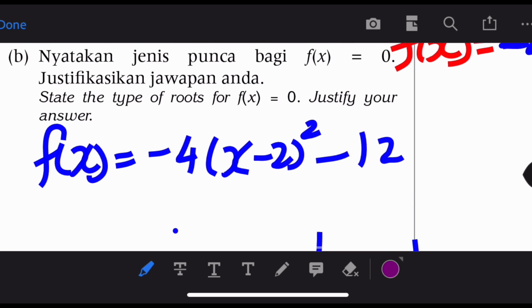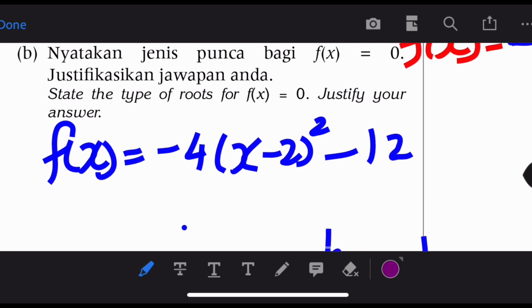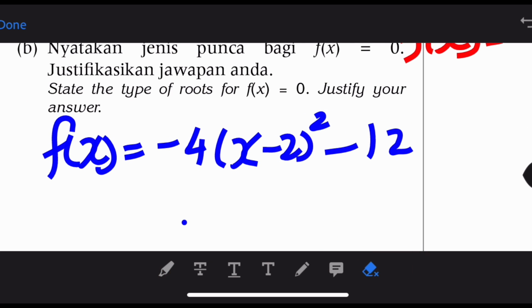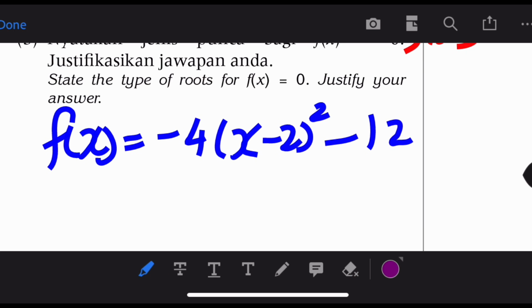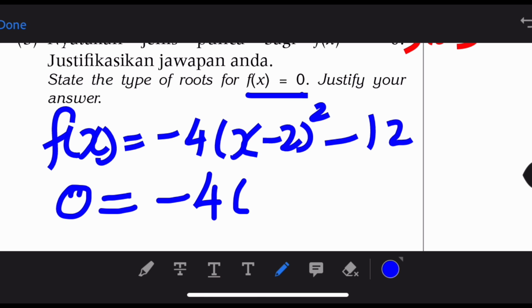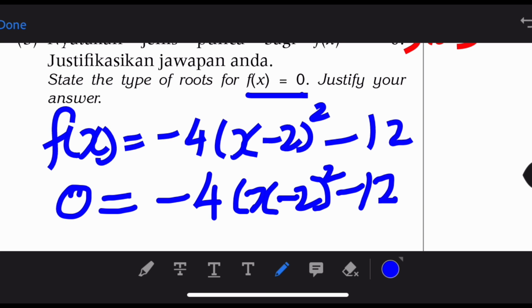Now we will rearrange this one and then let fx equal to 0 and then solve for x. Because only when you let fx be 0 can you find the roots, right? So we want to find what kind of roots it has.